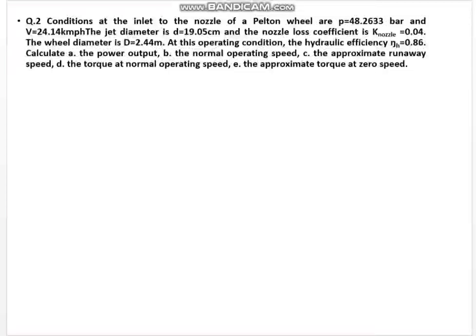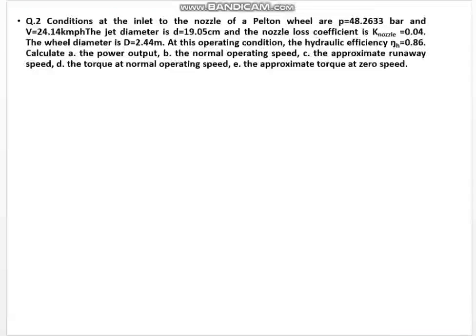Second question is: conditions at the inlet to the nozzle of a Pelton wheel are P is equal to 48.2633 bar and V is equal to 24.14 km per hour. The jet diameter is d is equal to 19.05 centimeter, and the nozzle loss coefficient is 0.04.